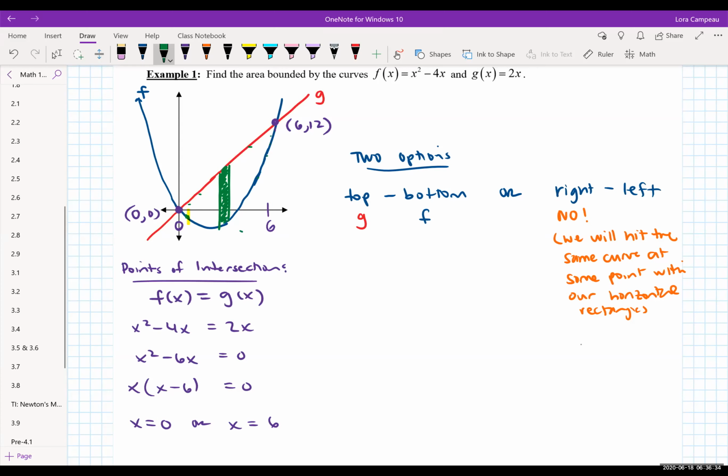So I always kind of recommend sketch a sample rectangle to help you see who's the top, bottom, and delta x. So that would be kind of indicated if you're ever going to show work on an exam. This kind of justifies why we're taking the integral with respect to x.